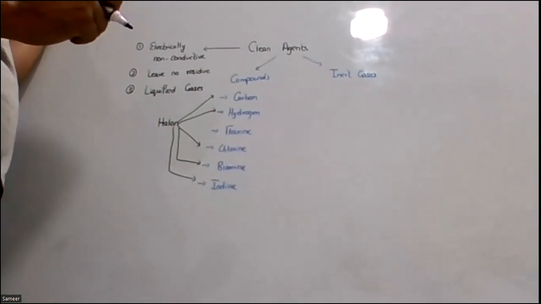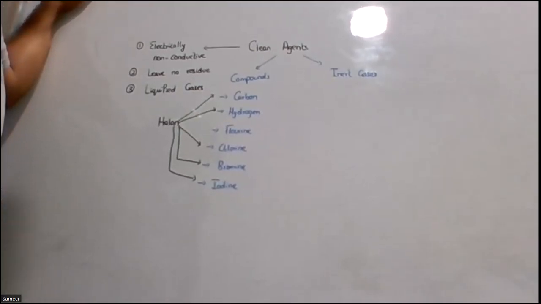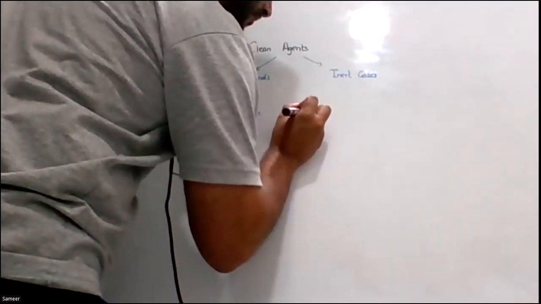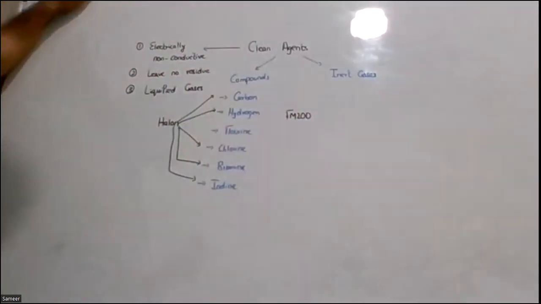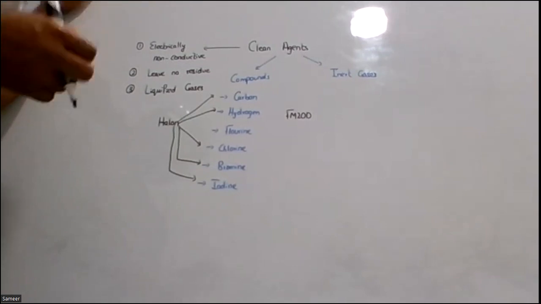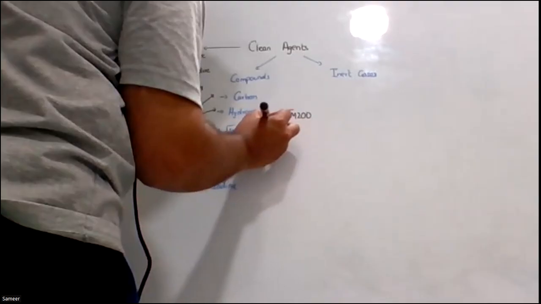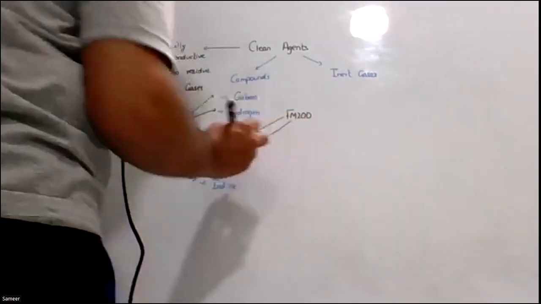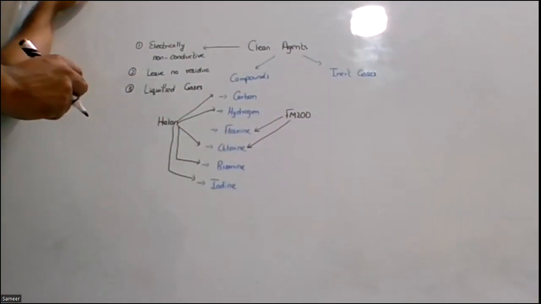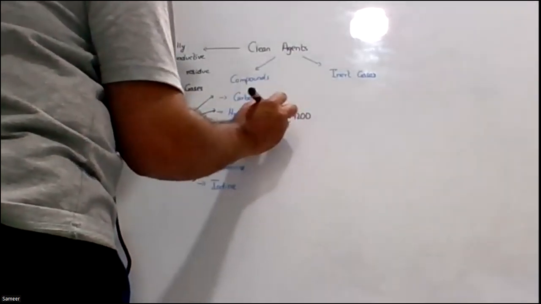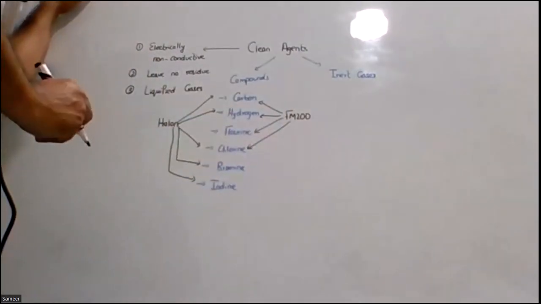Similarly, FM200 includes hydrogen, fluorine, and carbon.